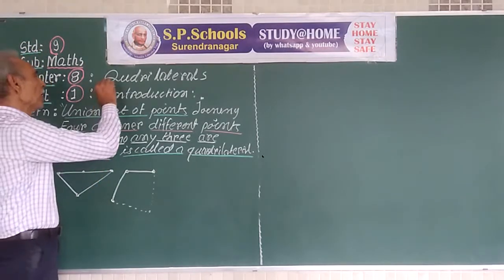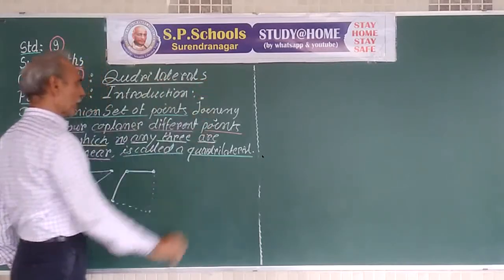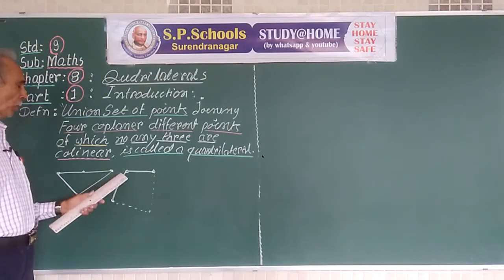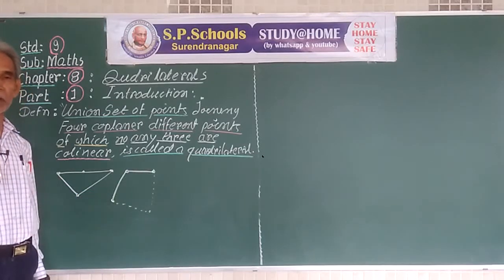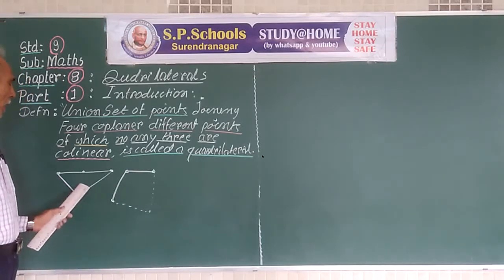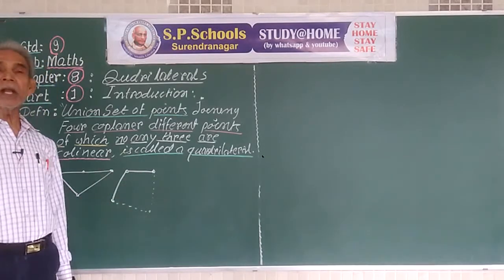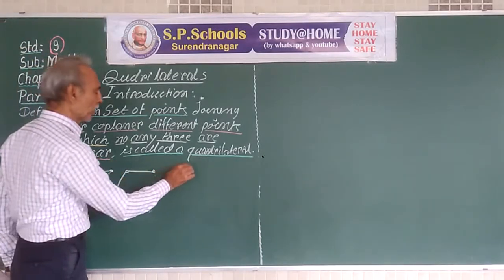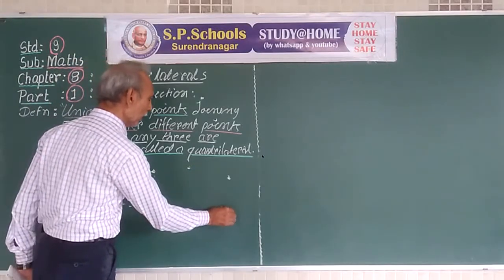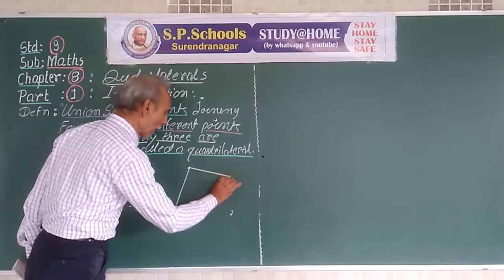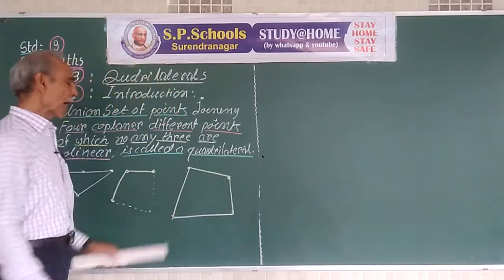The definition of a quadrilateral: there should be 4 different points, no 3 of them should be collinear, and all 4 points should be coplanar. They should occur in a plane only, and you join them by line segments, we get a quadrilateral.